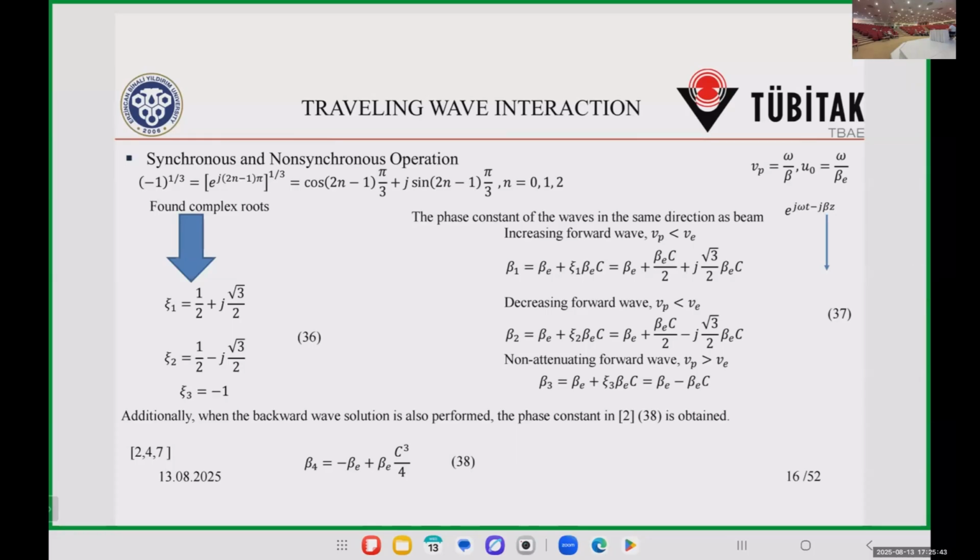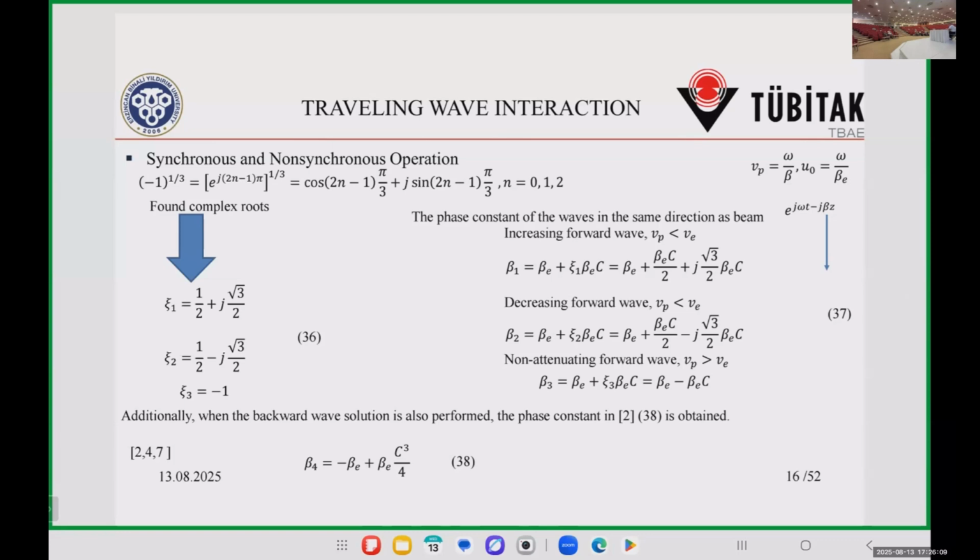When the backward wave solution is included, we can write the propagation constant of the fourth root as minus beta E plus beta E C cubed divided by 4.